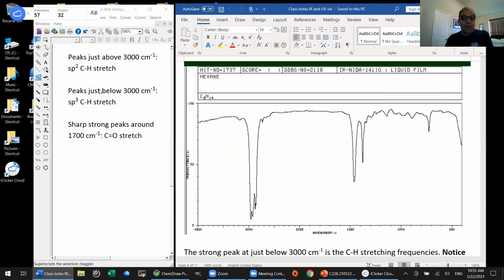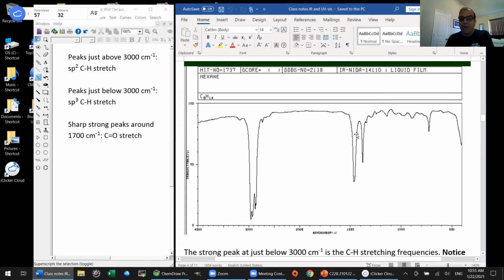I've already written that down for you here, not to mention that it's already in your class notes anyway. If you see any peaks just below 3,000 wave numbers like this, those are CH stretches where the carbon is sp3 hybridized. And that's pretty much all we see.